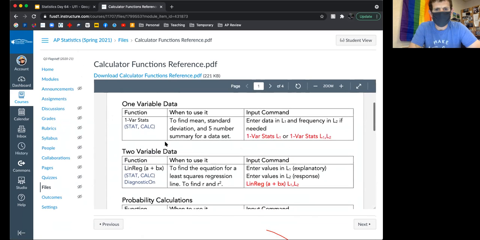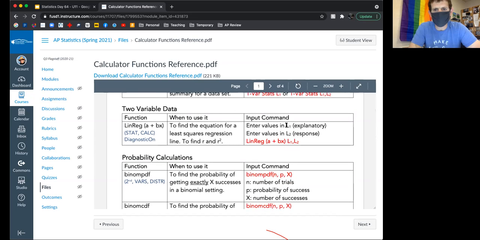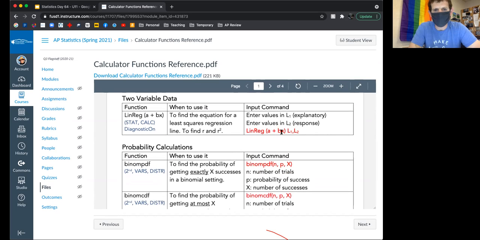And you can see right here, it gives you the keystrokes you need to find these different functions, what they do, and your input command. You will not need to worry about the input command as much, as it'll tell you what values need to go in which spots, but you're not going to need to input it by hand if you have the most up-to-date operating system, which all of you should have by now.